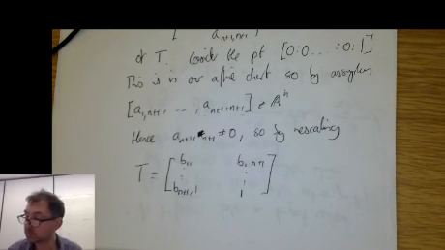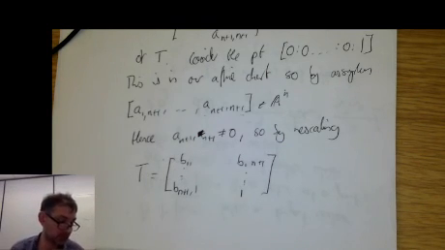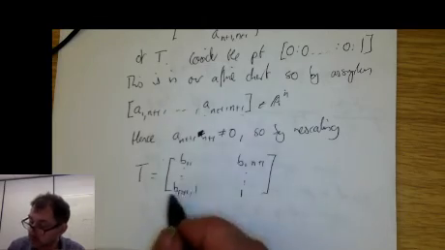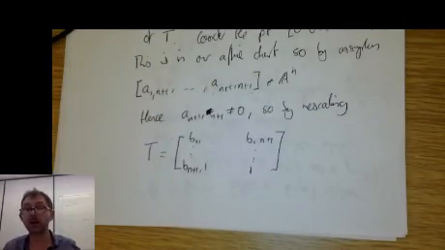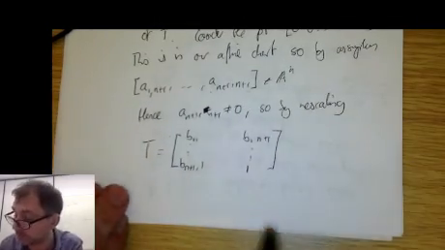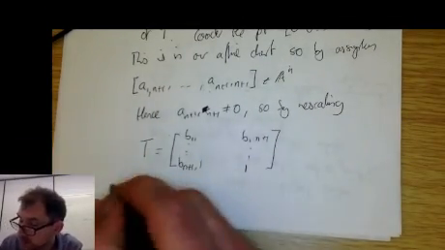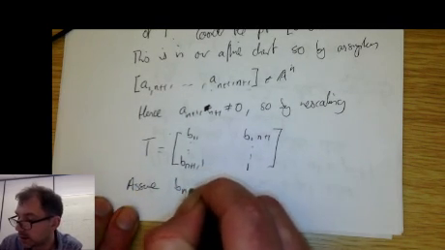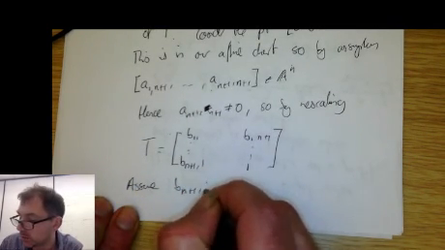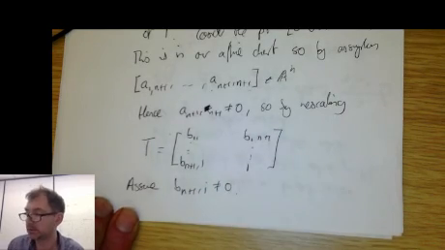Right, so now let's assume that this coordinate is non-zero, and then we'll see that that gives us a contradiction. So assume B(n+1,1) is not equal to 0.